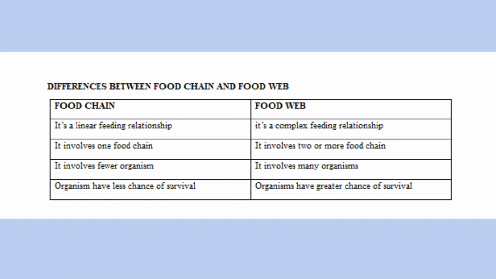The third point is that the food chain involves fewer organisms, but the food web involves many organisms. The last is that under the food chain, organisms have less chance of survival, but in the case of food web, organisms have greater chance of survival.